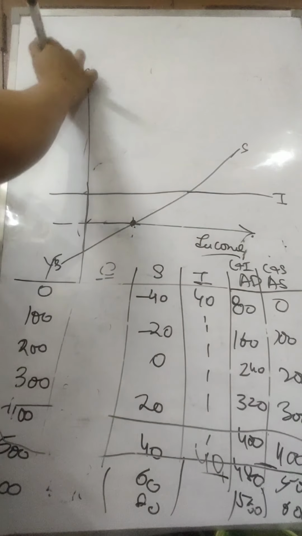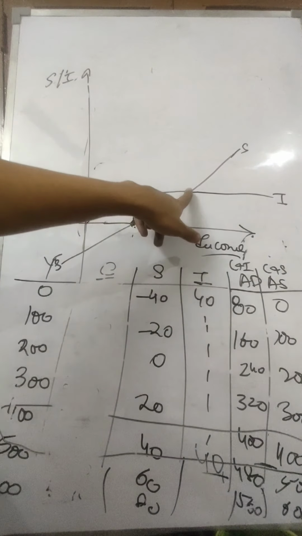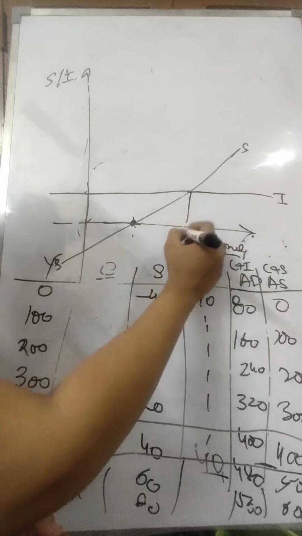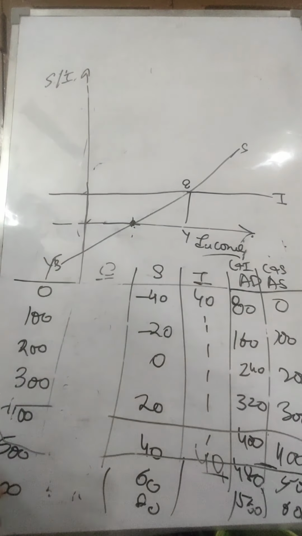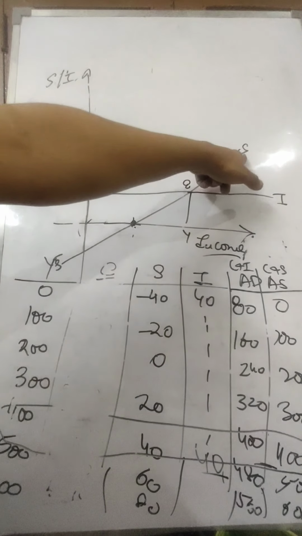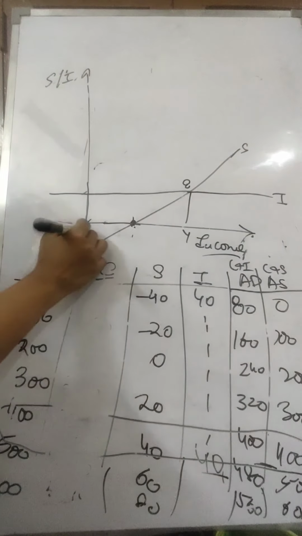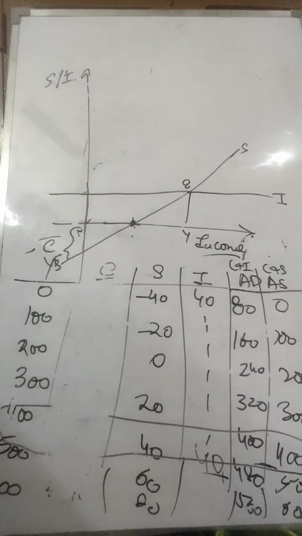Here it will be S and I, that is savings and investment, and this will be the point where equilibrium arises at income Y. So we will have the same schedule, but the diagram will be different because here we are taking only savings and investment, and this part, as we have discussed, is minus C bar, that is this savings.